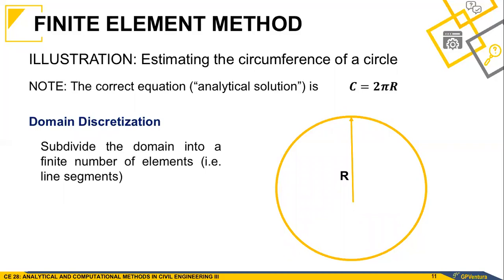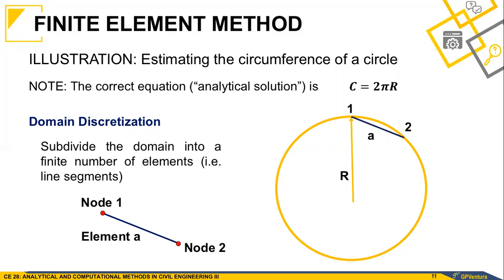And in this case, I'll be using one-dimensional elements, which are line segments. So for example, this here is what we call an element, which is a line segment. And at the end of the element are your nodes. So this is node 1 and node 2. So what I can do is, I have one element over there, element A.